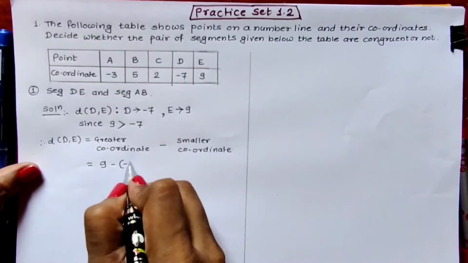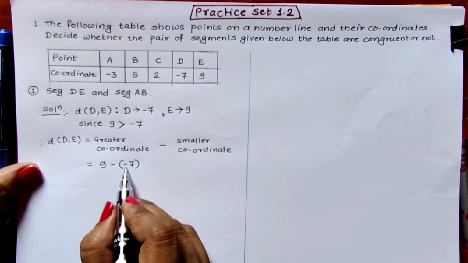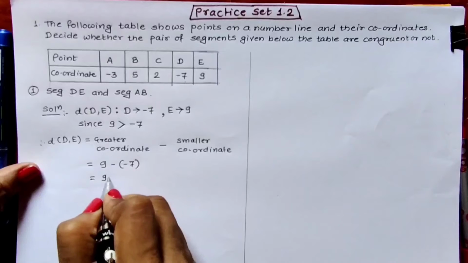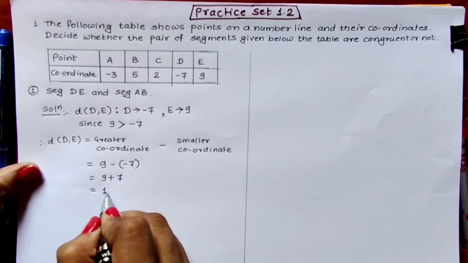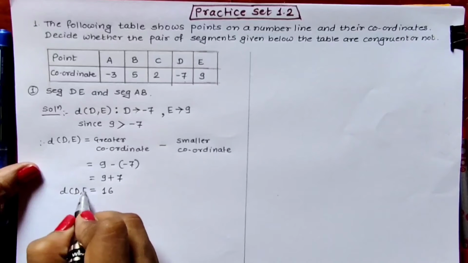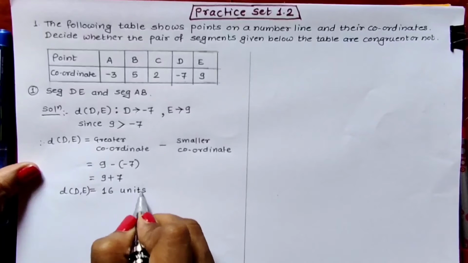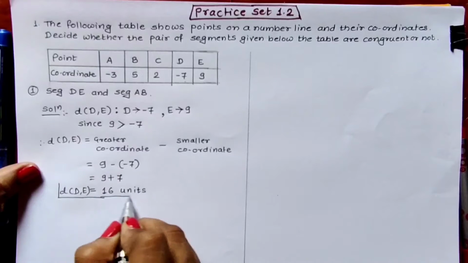We put -7 inside the bracket because the minus sign is already there. So it is 9 minus -7. Minus minus will become plus, we all know. So it will be 9 plus 7, and 9 plus 7 is 16. So distance DE, we have got 16 units. As unit is not given, distance DE is 16 units.